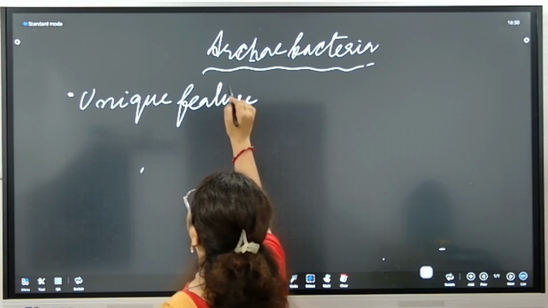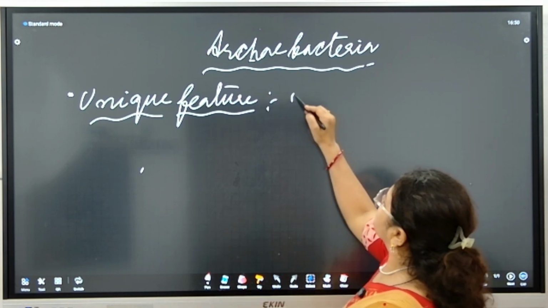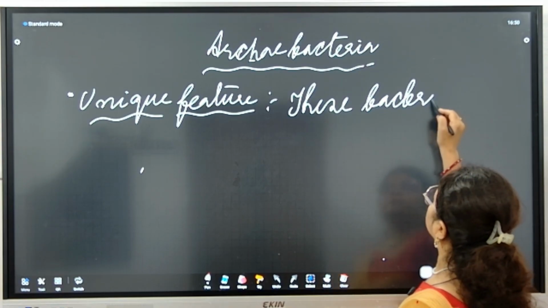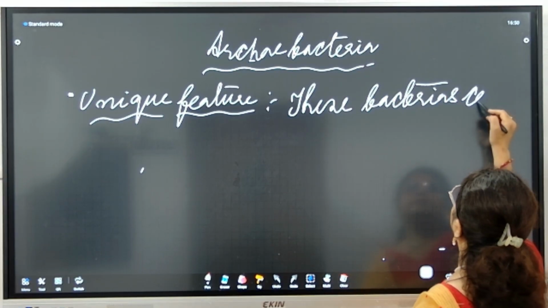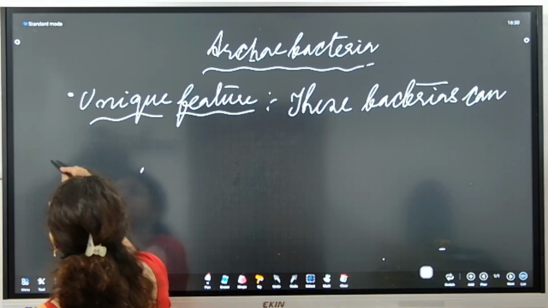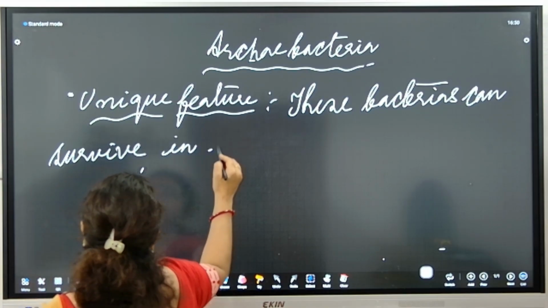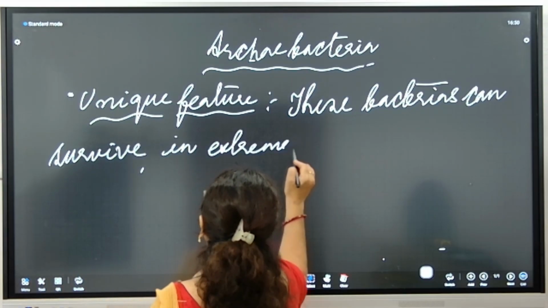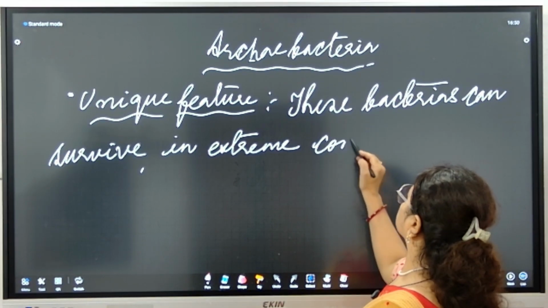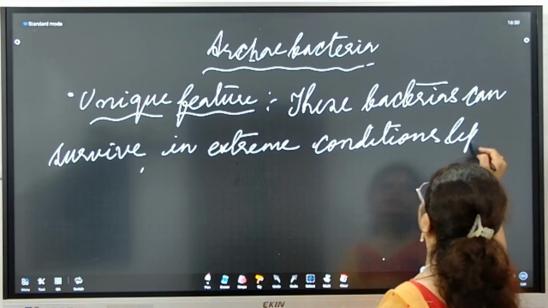That unique feature of archaebacteria is life.